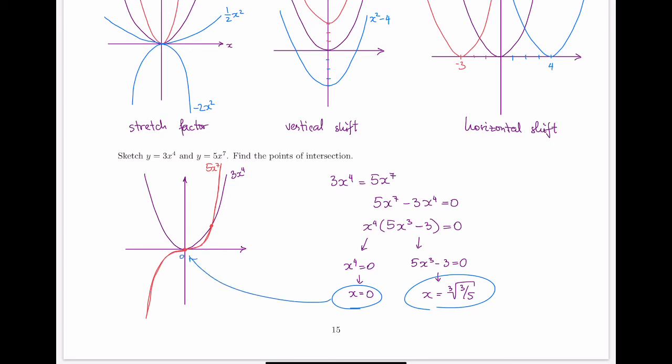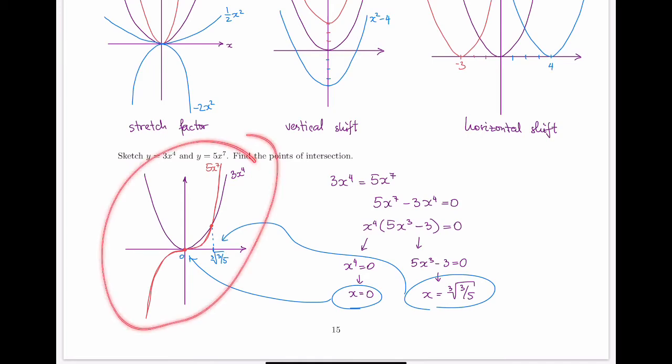This is occurring at 0, that's pretty clear, and the second one happening at x equals cube root of 3/5, that if you wish you can compute as a decimal. So producing a graph here will allow you to see how many solutions to the intersection you expect, and if you did accidentally divide, it will allow you to notice that you're not going to get 0 as a solution, whereas the graph suggests that you should.